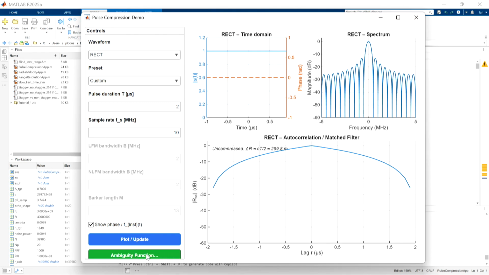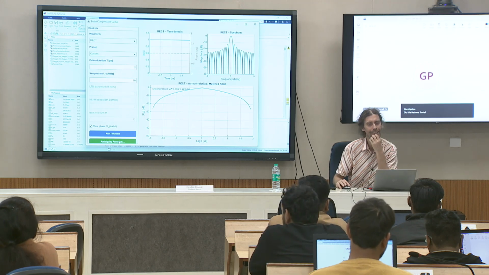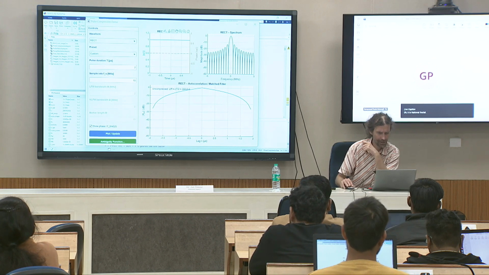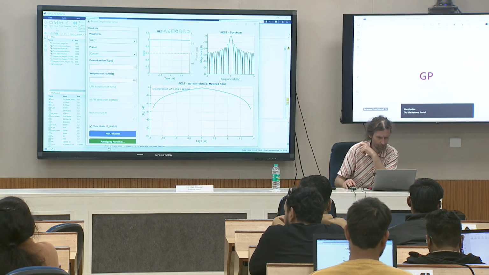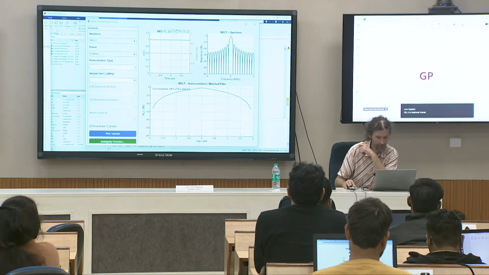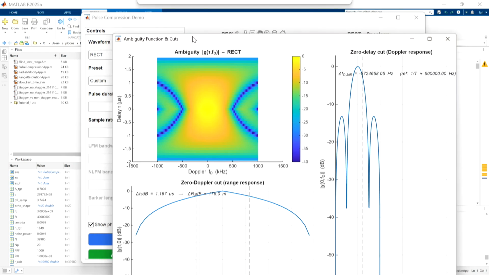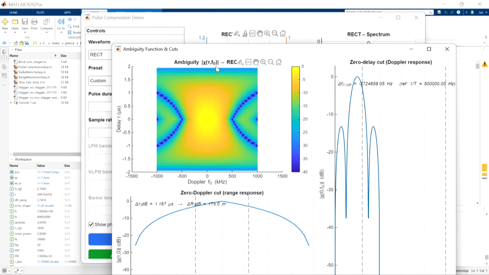Do you know what the ambiguity function is? It is the ambiguity function of a rectangular pulse. The ambiguity function depends on time and Doppler shift.